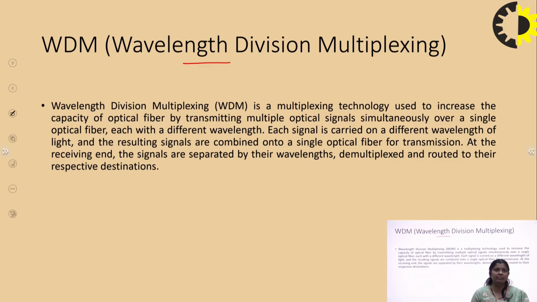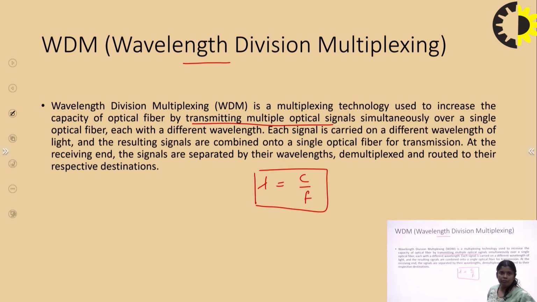So multiple optical signals are transmitted simultaneously over a shared medium. That is WDM. And you can calculate lambda equal to C upon F, where lambda is the wavelength, C is the speed of light, and F is the frequency.